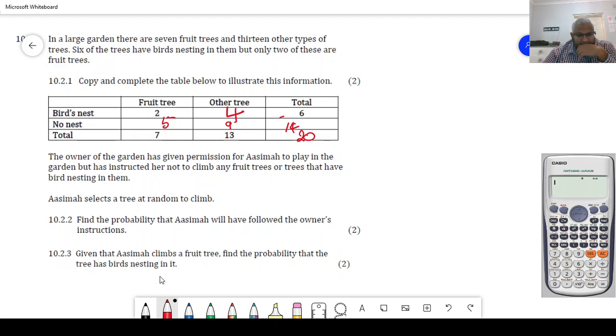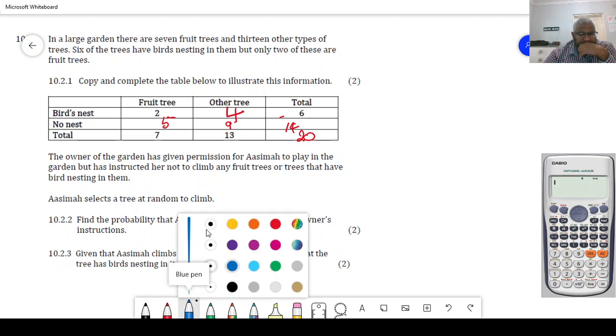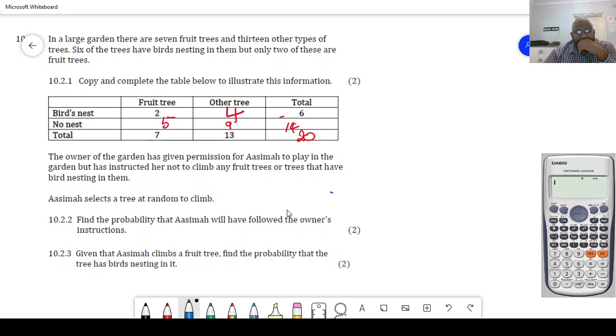Then in 10.2.2, we are told the owner of the garden has given permission for Asima to play in the garden, but has instructed her not to climb in any of the fruit trees or trees that have a bird's nest in them.